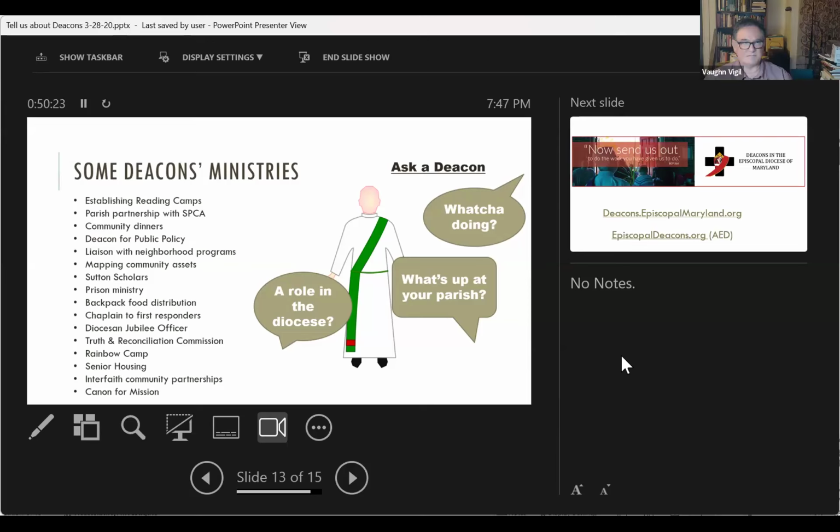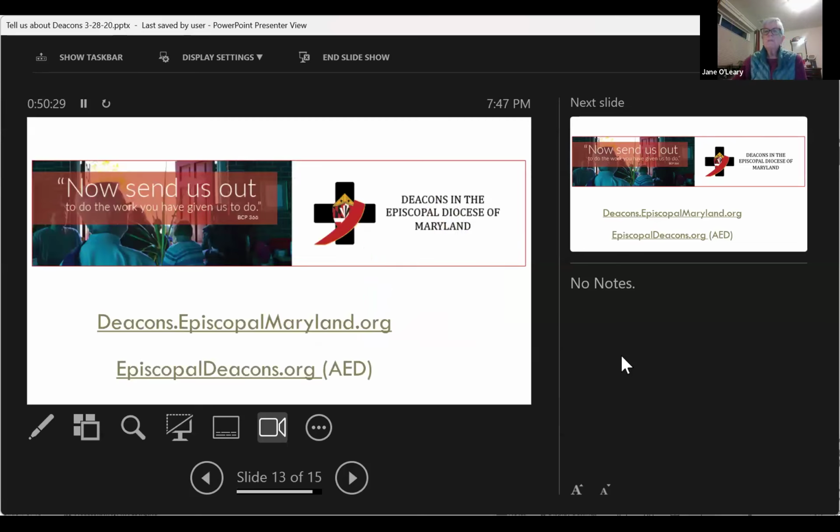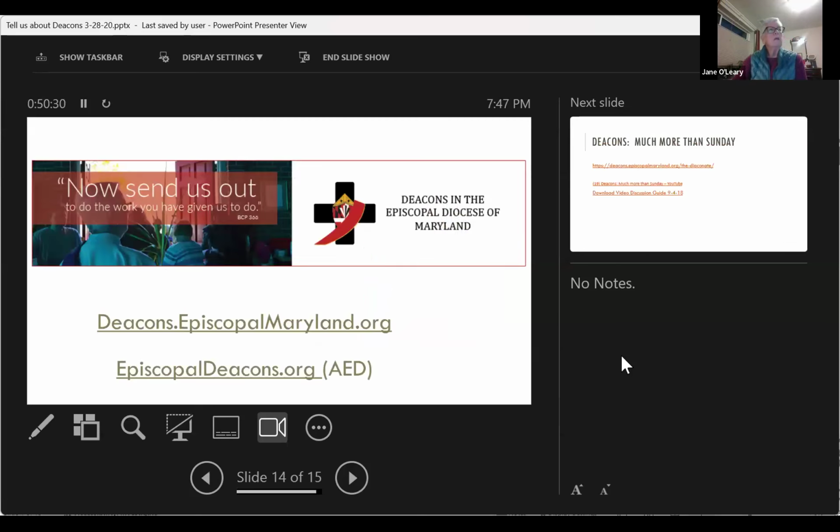And so all different kinds of things that deacons might be caught doing. And I love this slide because it's a picture of that open door. Send us out to do the work you've given us to do.